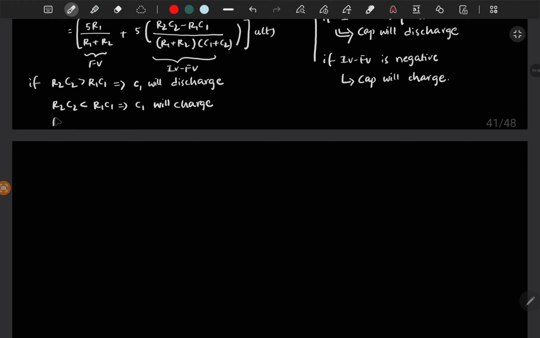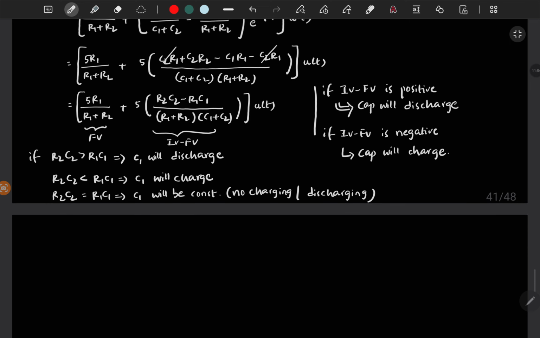So if R2C2 is equal to R1C1, then C1 will stay at some voltage, or you can say C1 will be constant, with no charging or discharging. So this is for VC1.